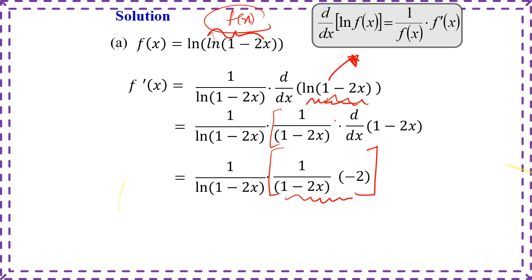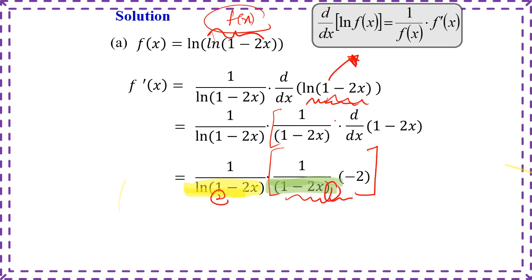okay, this one is in terms of log, right? This is a log expression. But for this one, it's a polynomial. So between log and polynomial, which one should we write down first? It will be the polynomial first and then followed by the log.